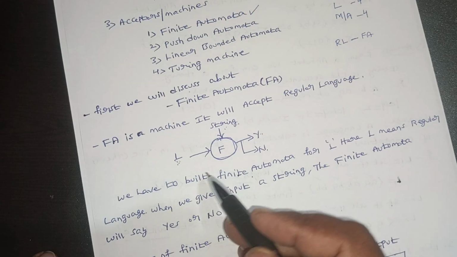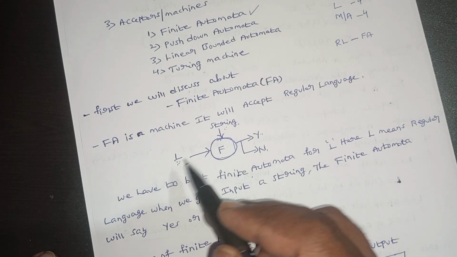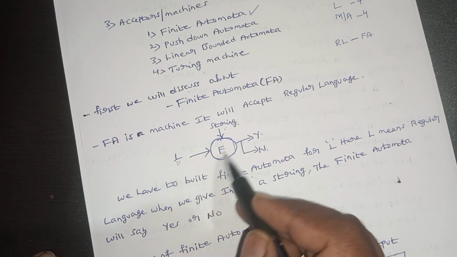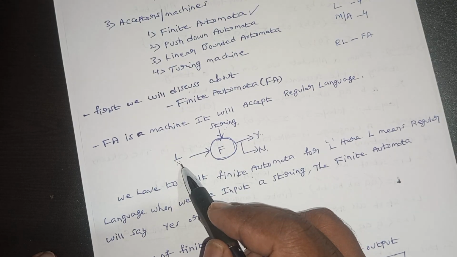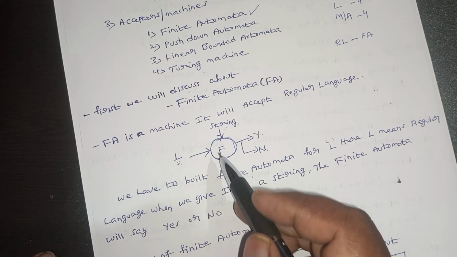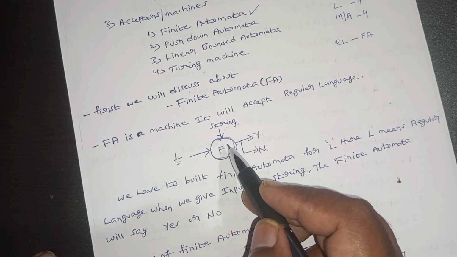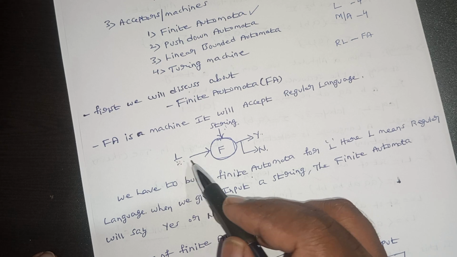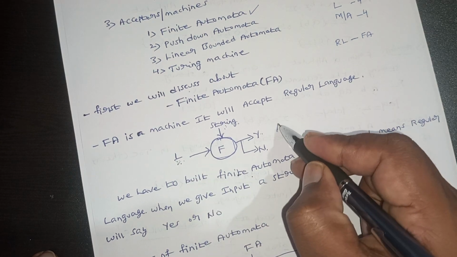For this language I have built this machine. Then I am asking this machine whether this string is present in this language. It is going to search in this language and say yes or no. That is called an acceptor.